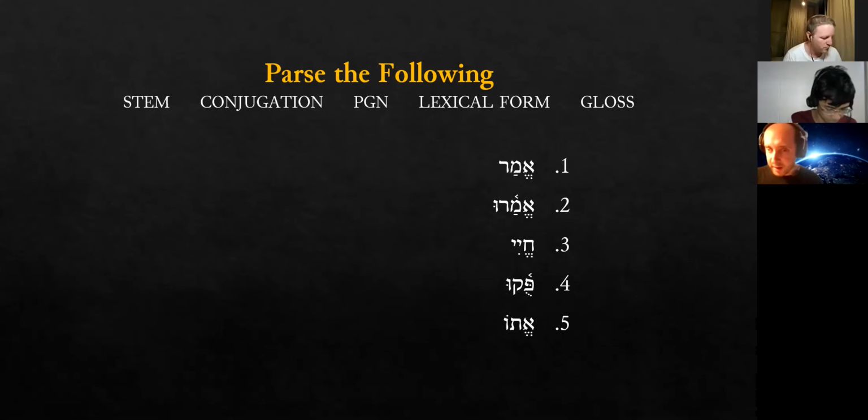Number 5, Jonathan. Is that a Peal Imperative second masculine plural? From, I don't know, I don't remember this word. To come. Aleph tav, hey, come.